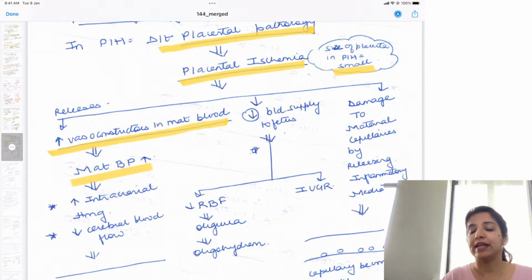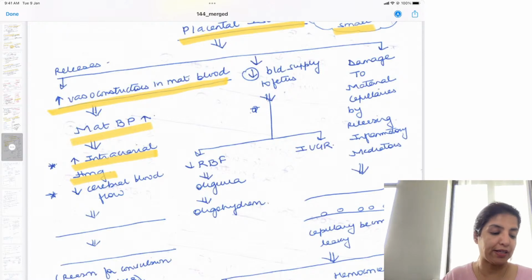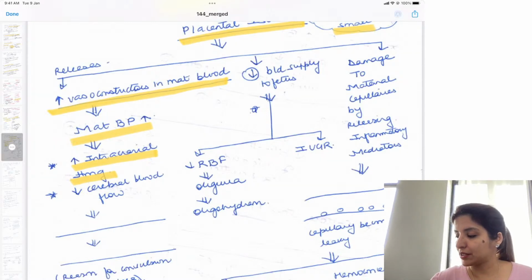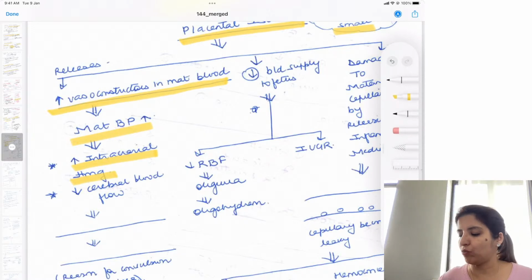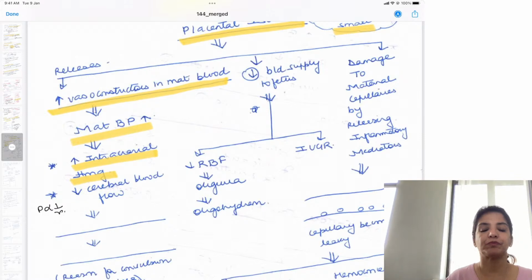And you know that high BP can lead to intracranial hemorrhage. So whenever there is PIH, there are increased chances of intracranial hemorrhage. अब इतना ही नहीं, all of you know from your class 10 knowledge, class 12 knowledge, that pressure and volume are inversely related.